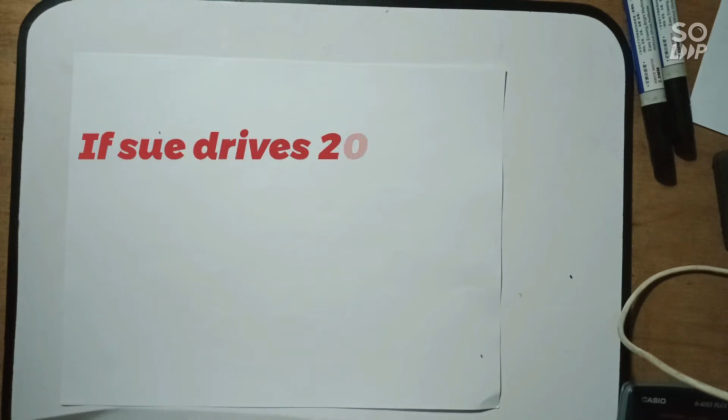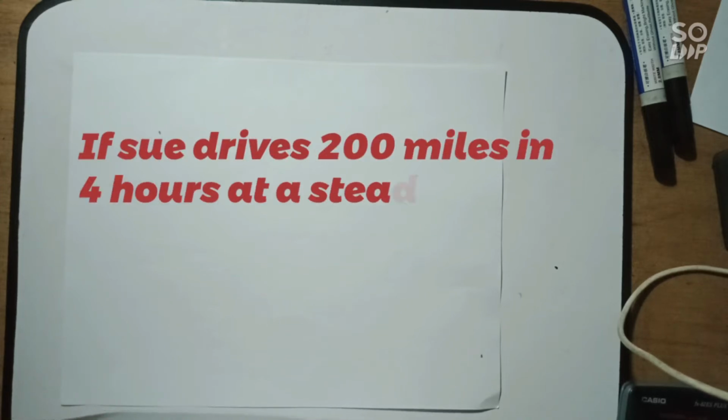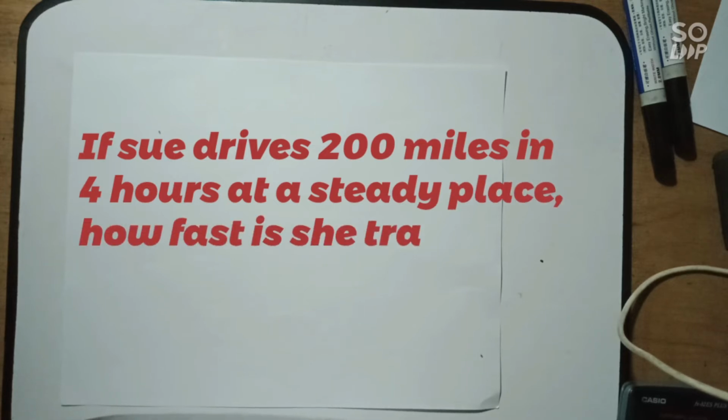So, another example that includes a real-life situation is the application of rate. In the given, if Shu drives 200 miles in 4 hours at a steady pace, how fast is she traveling? So in here, it talks about the rate.